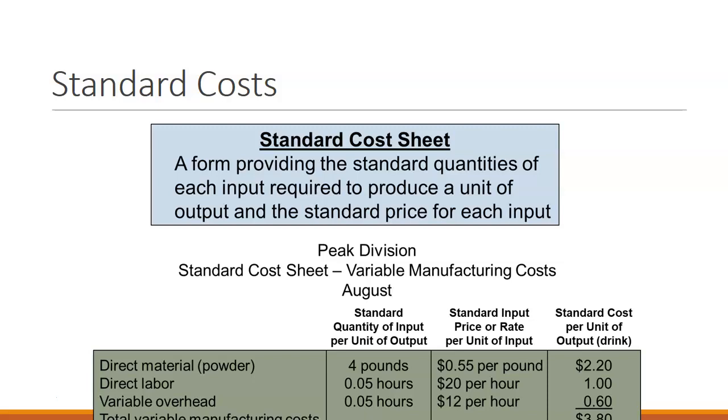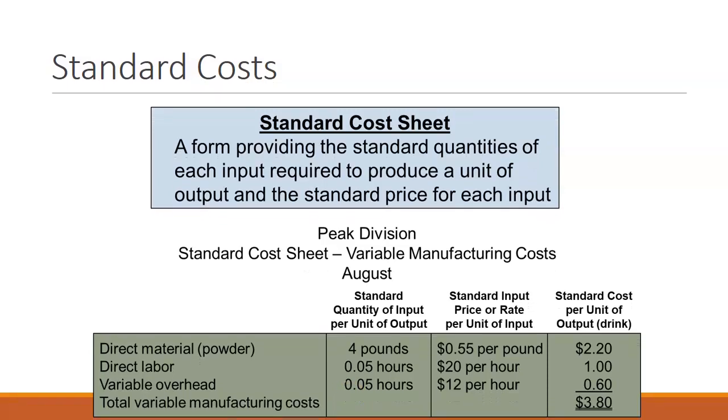So many businesses have standard costs. I'm actually going to make this a little bit bigger so you can see the whole slide. So standard costs are our standard plan. This is what we use to make our budget. So for example, for this company here, we say that we need 4 pounds of direct materials for each unit, and we pay a price of 55 cents per pound.